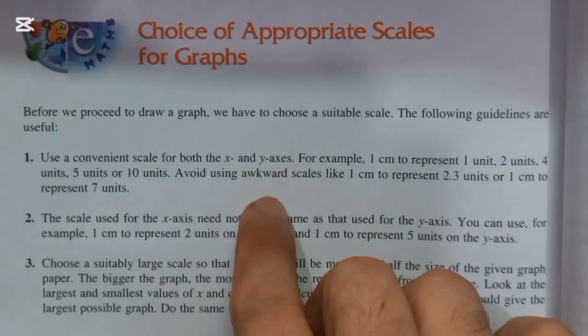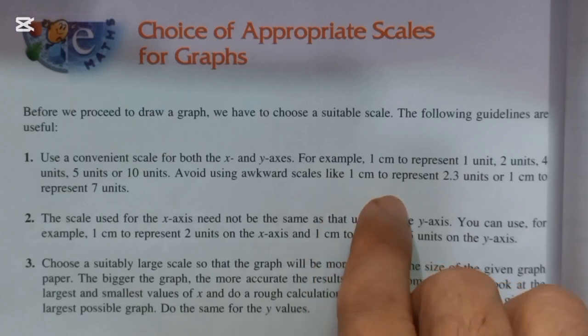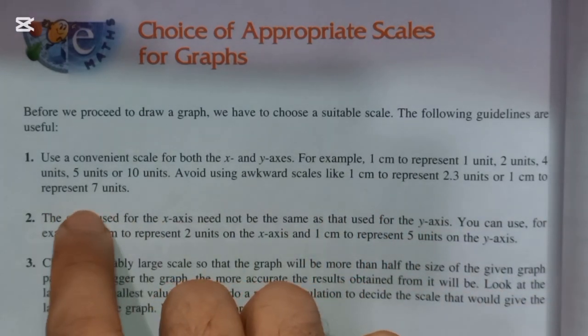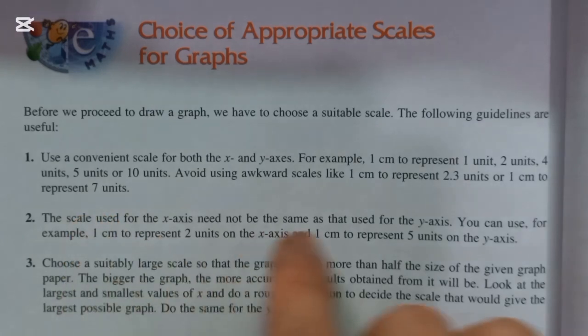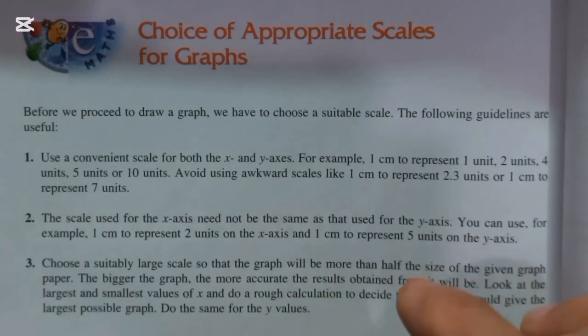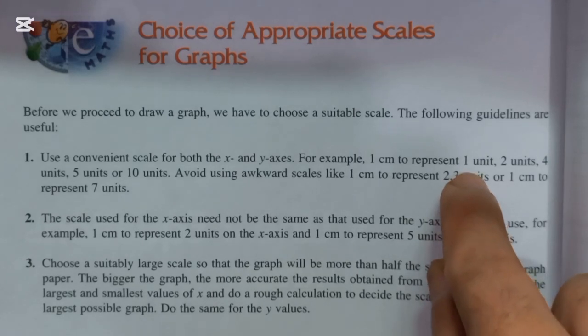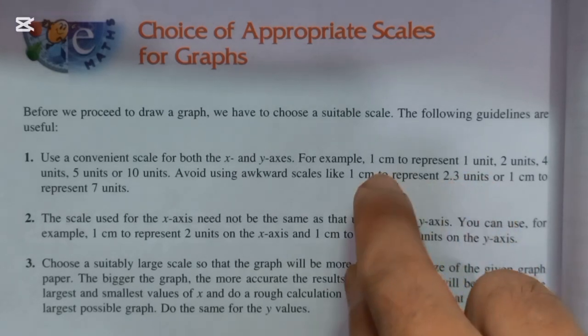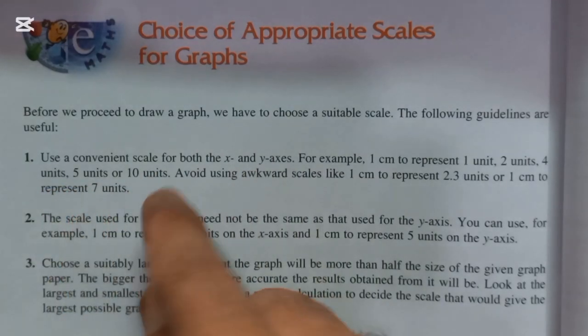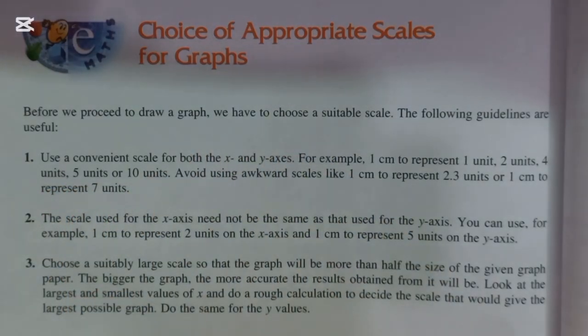Avoid using awkward scales like 1 centimeter to represent 2.3 units or 1 centimeter to represent 7 units. These are awkward units. So try to choose a suitable scale like 1 centimeter to represent 1 unit, 2 units, 4 units, 5 units, 10 units, and so on.